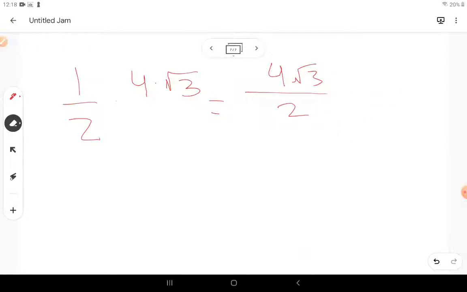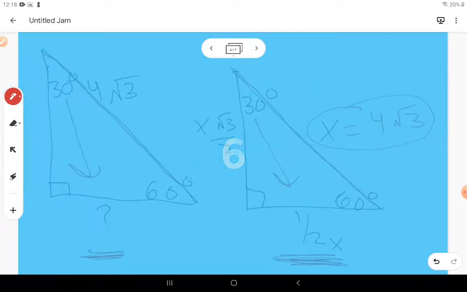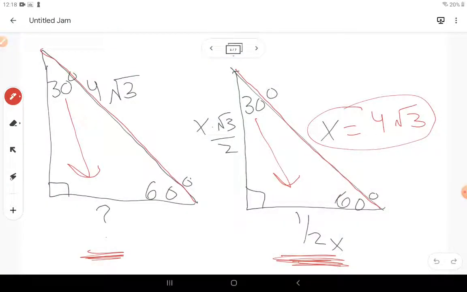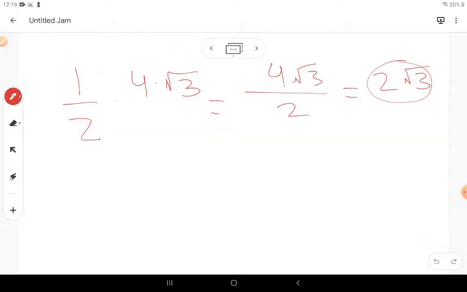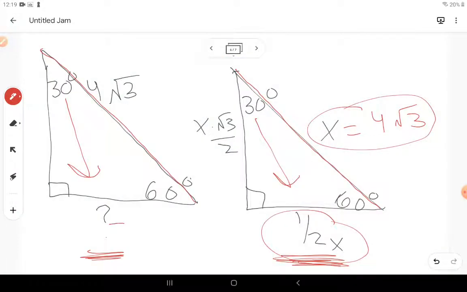To simplify it even further, we would have 2 multiplied by the square root of 3. So let's go back here. 1/2 multiplied by 4 root 3 gives us 2 root 3. So this missing side is 2 times the square root of 3.